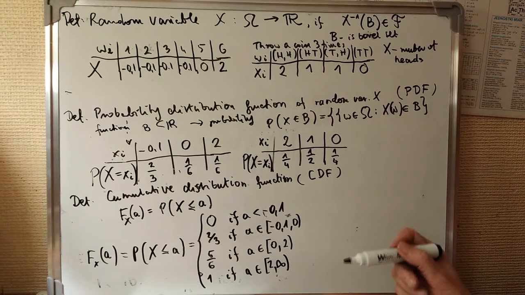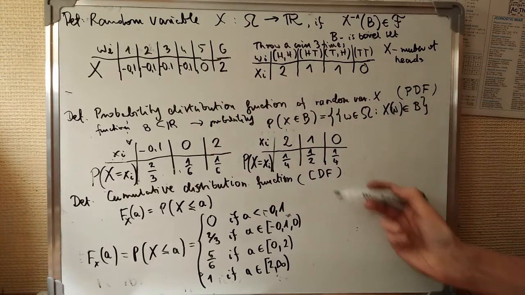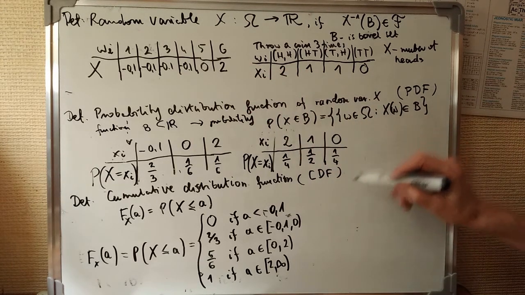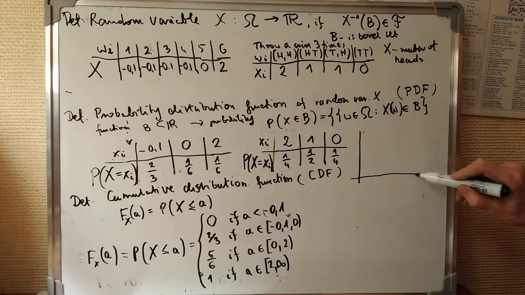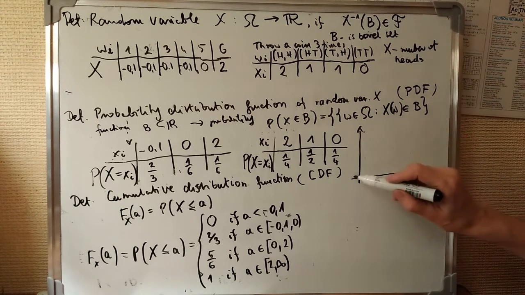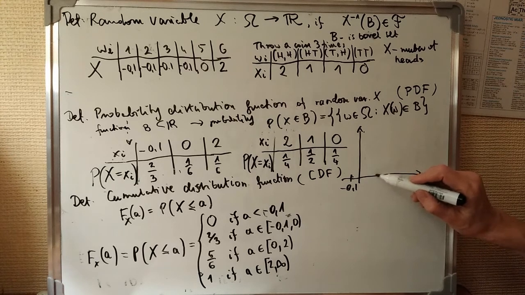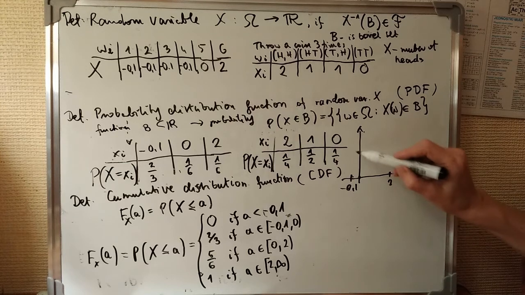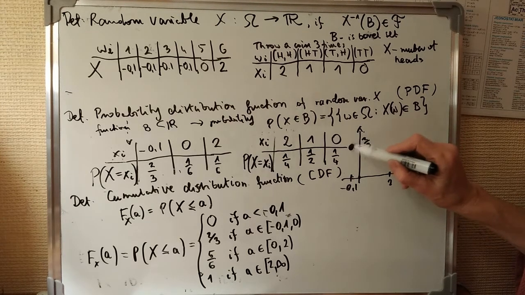And we can even have a graph. How about the graphs of PDF or CDF? So in the first case, the graph is very simple. We have minus 0.1, and we have the 0, and then we have 3 points. 2/3 is here, and here we have a dot.